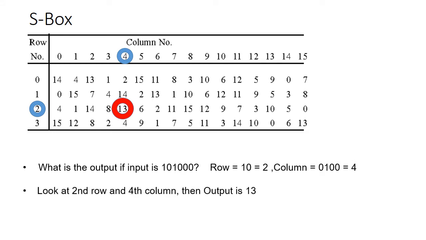For finding the row, the first and the last bit are considered, so we get 10, which is equal to 2. To get the column index, the middle 4 bits are chosen. Hence we get 0100, which is equal to 4. So, the second row and the fourth column in the S box results in 13, which is circled in red.